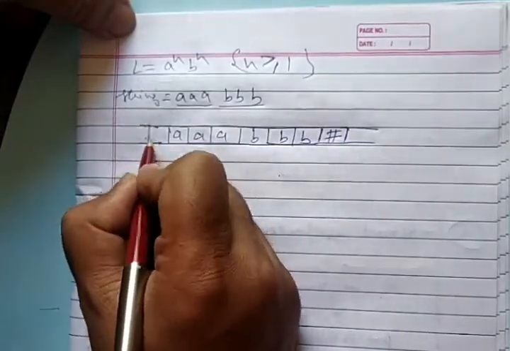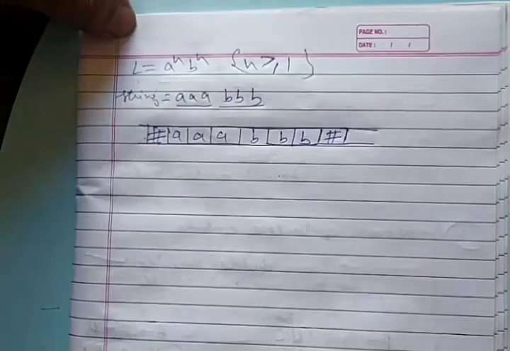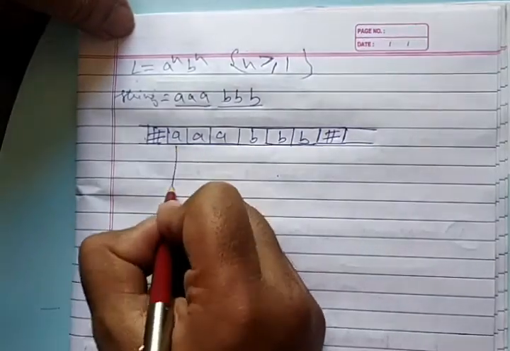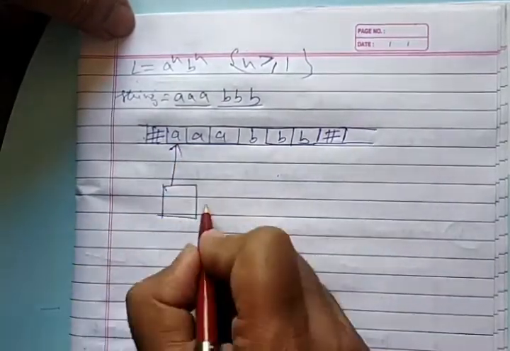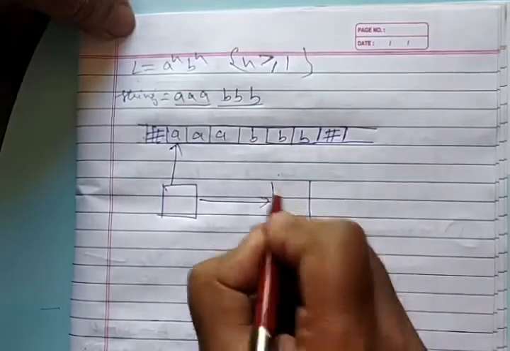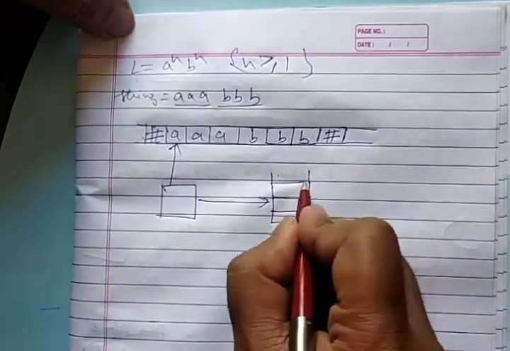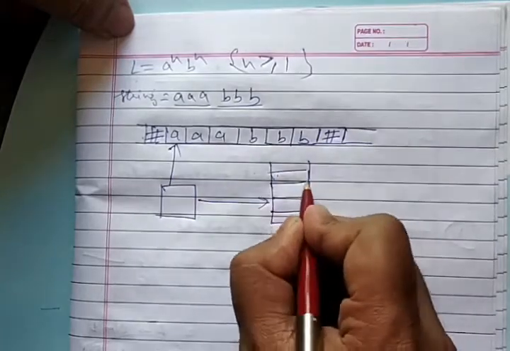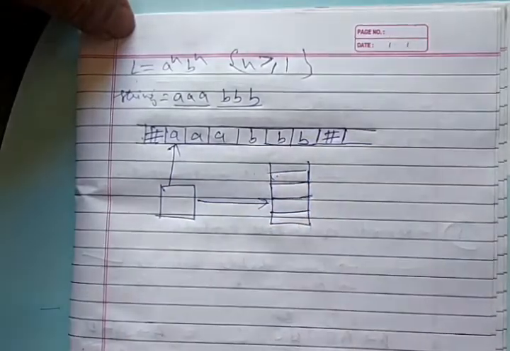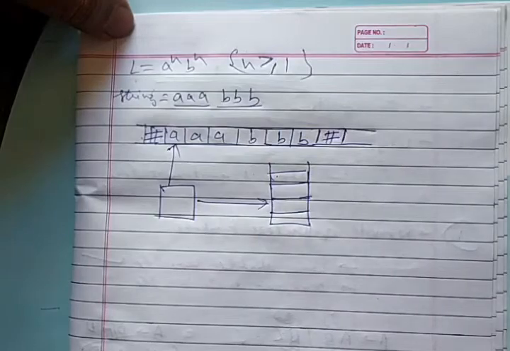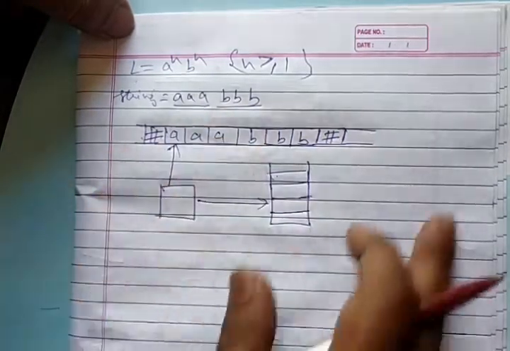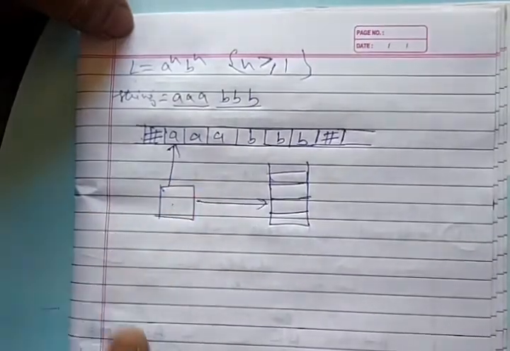Here also suppose I have blank. Now what I want to do, I want to process and check whether the number of A's are equal to the number of B's or not. So can we perform this particular analysis by using this small structure?